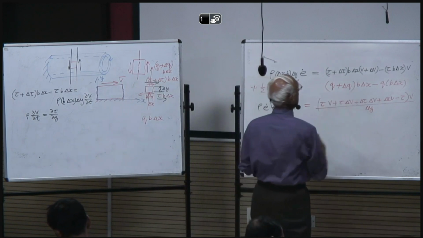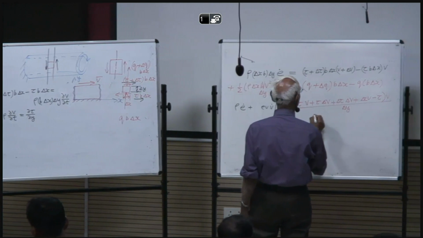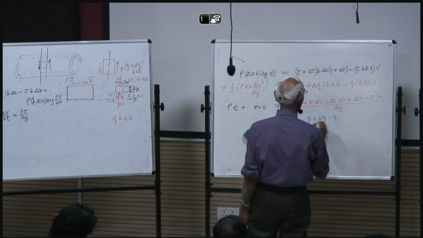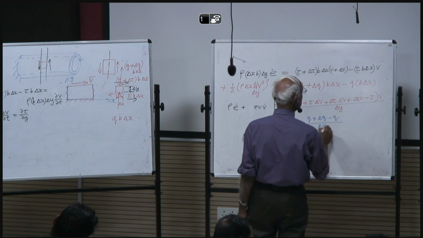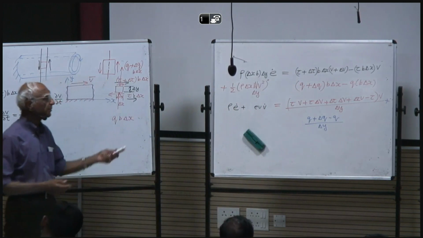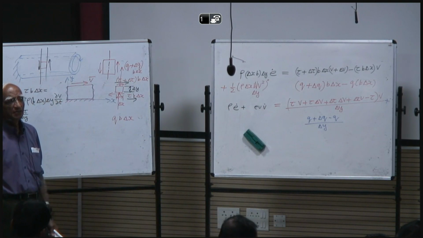And when we come here, dividing by this, we have Q plus delta Q minus Q over delta Y, and there's a plus sign. So that's the balance of energy, balance of total energy.